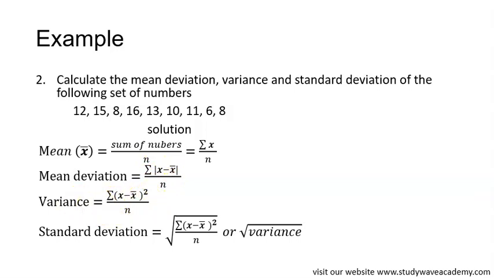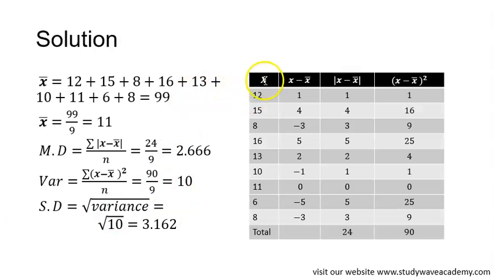Okay, so first you draw your table and write out your x, which are your individual data points: 12, 15, 8, 16, 13, 10, 11, 6, and 8. To solve for the mean, we add all these numbers together and divide by the amount of numbers we have: 1, 2, 3, 4, 5, 6, 7, 8, 9.